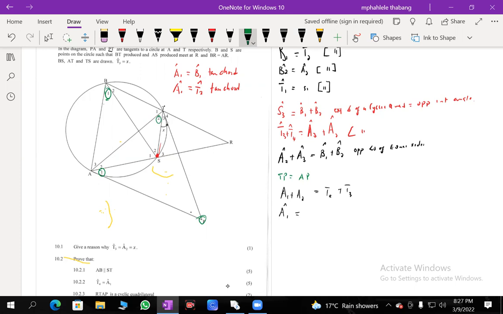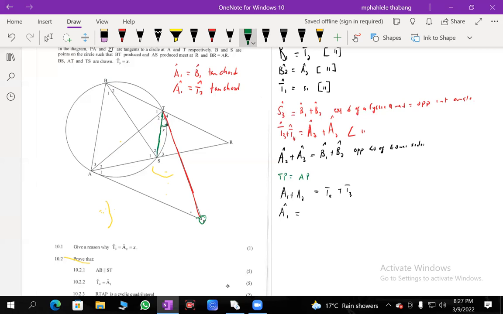Angle T3 equals which angle? Apply the tan chord. Remember, this is your tangent here. And this is your chord. TS is your chord.